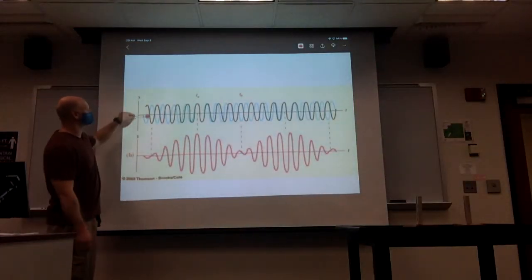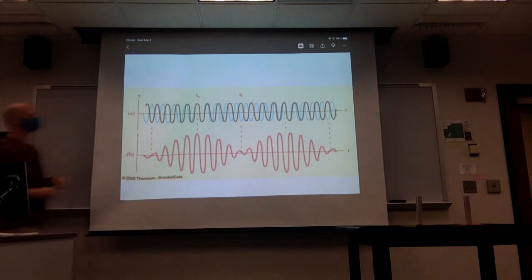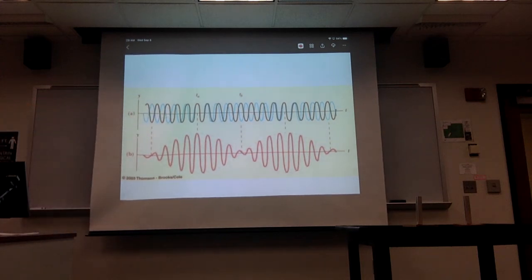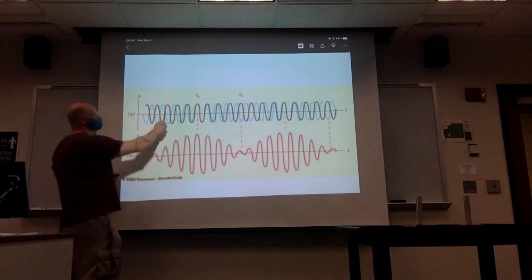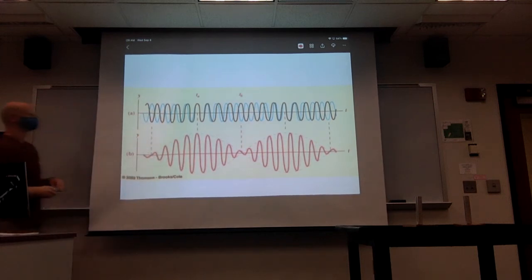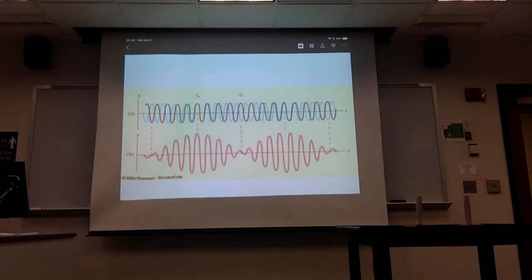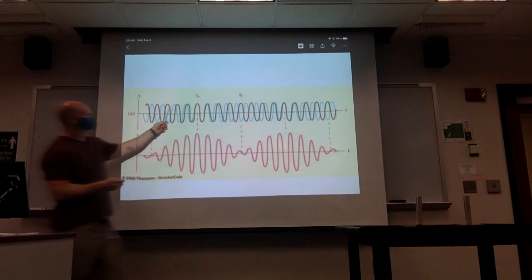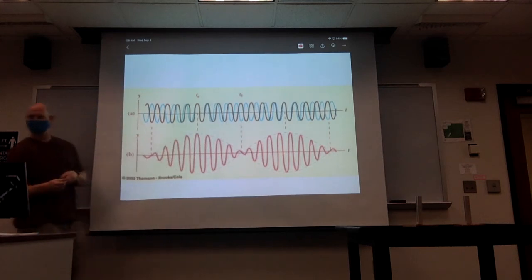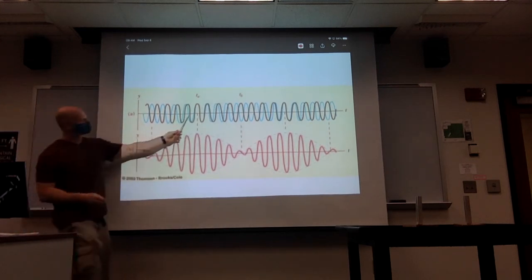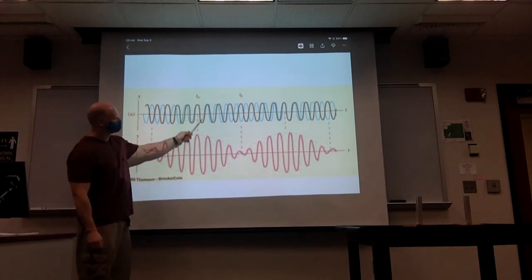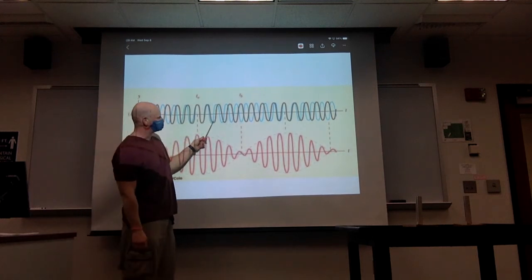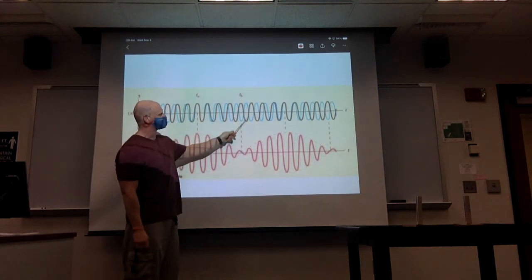Basically what's happening here is I have two frequencies slightly different from each other, which means the black one here is one of the two frequencies. The bluish-greenish one here is a different frequency. Notice that since the frequencies are slightly different, the two aren't oscillating exactly in phase with each other. Sometimes I'm going to have fully constructive interference like here, and then sometimes I'm going to have fully destructive interference such as here.